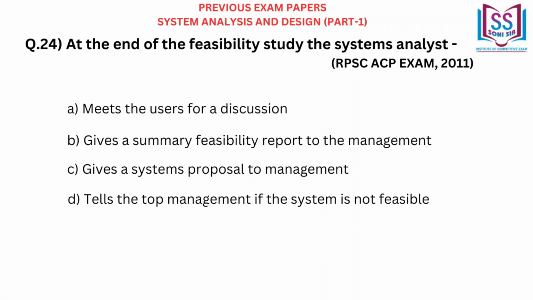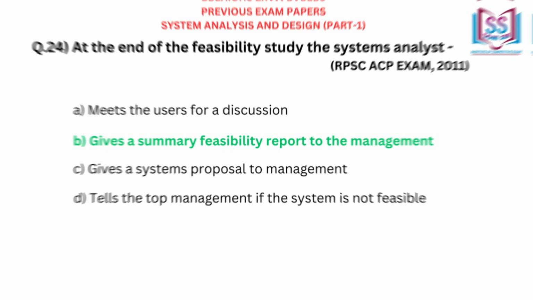At the end of the feasibility study, the systems analyst A. Meets the users for a discussion, B. Gives a summary feasibility report to the management, C. Gives a systems proposal to management, D. Tells the top management if the system is not feasible. Correct answer B. Gives a summary feasibility report to the management.